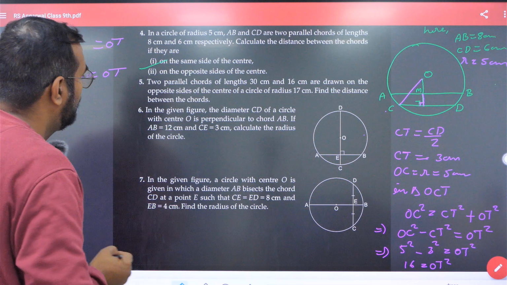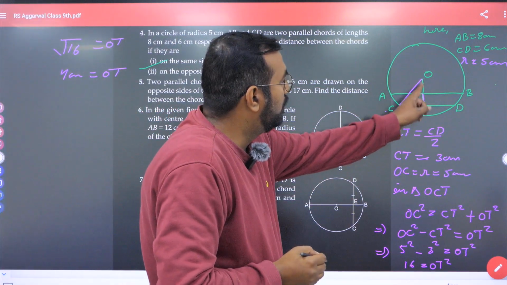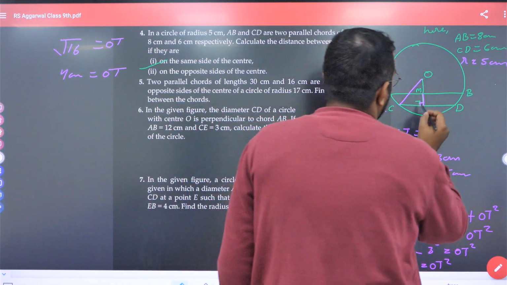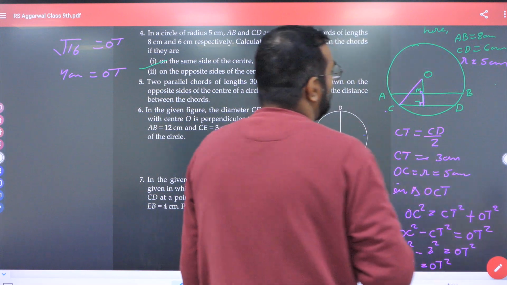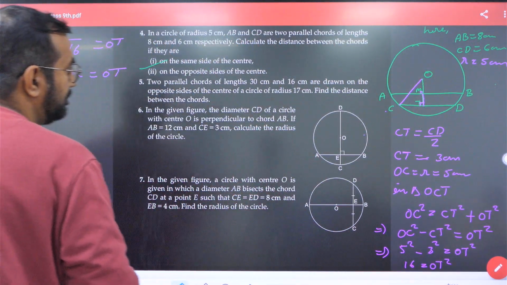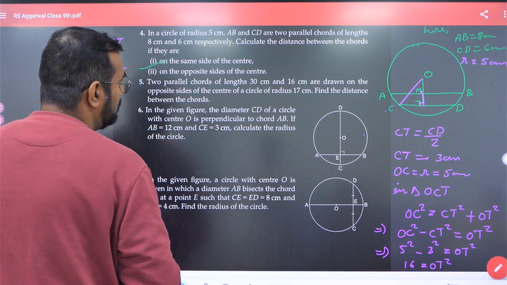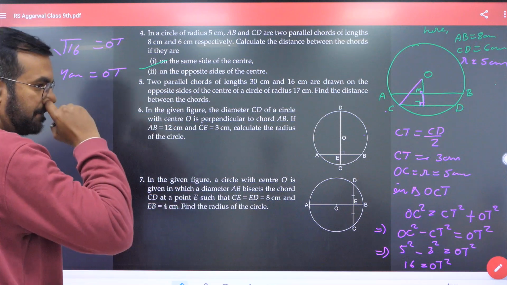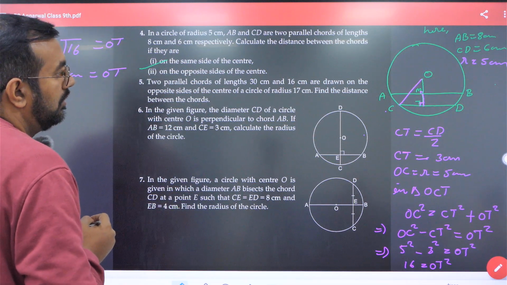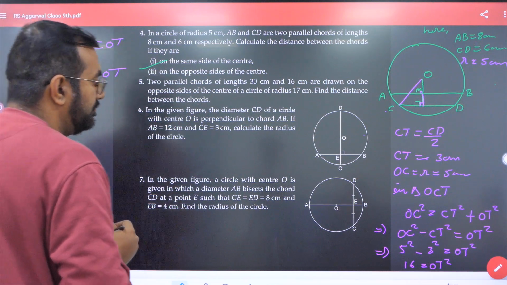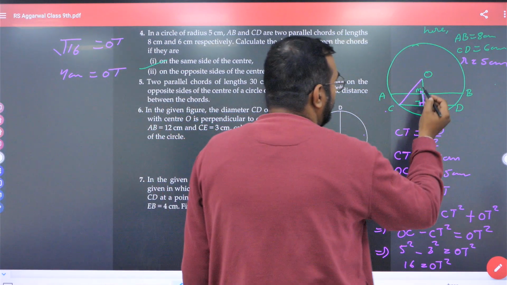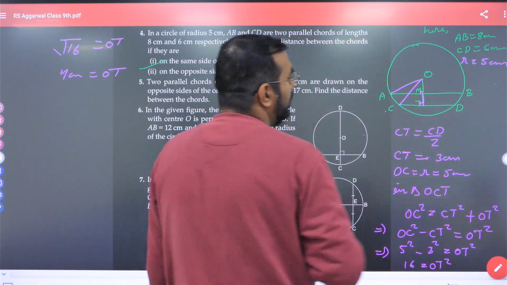Okay. Now we will find OM, na? OM is also perpendicular here. So we will find OM. To find OM, we will join OA. Okay.